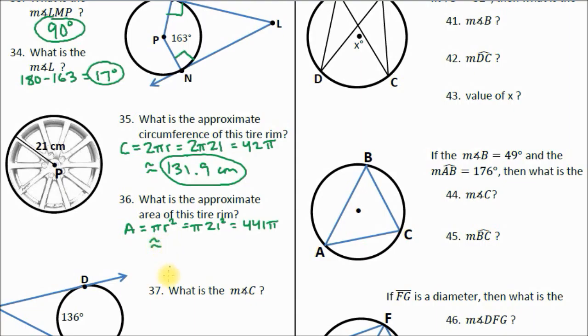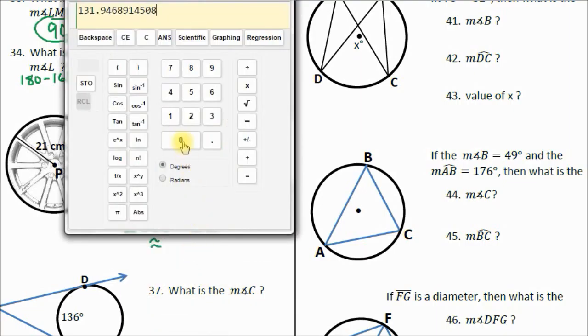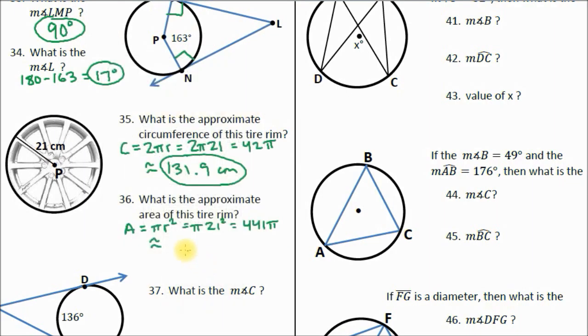We'll put that in our calculator. 441 times pi equals 1385, we round to 0.4, 1385.4. Our unit of measure is inches squared.